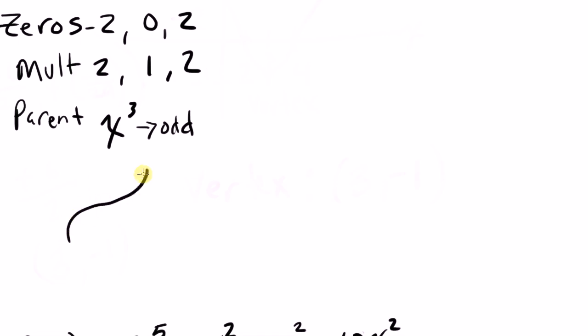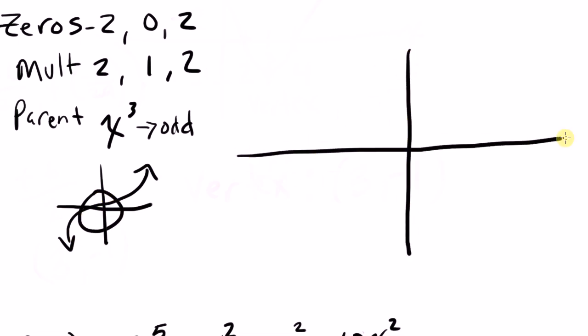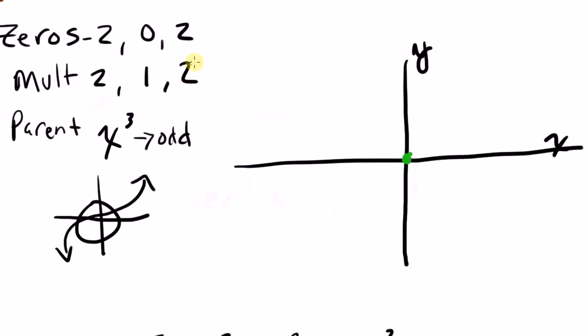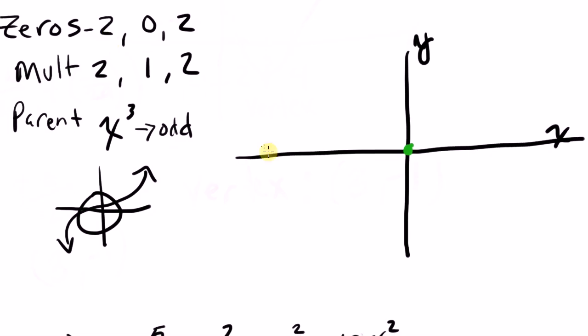Again, we don't care what happens in the middle. So let's put our axes here. So we have x and y. Got to get a y-intercept. So when x is 0, y is, well, 0. So it's going to be right there. Our x-intercepts are at -2, 0, and 2.